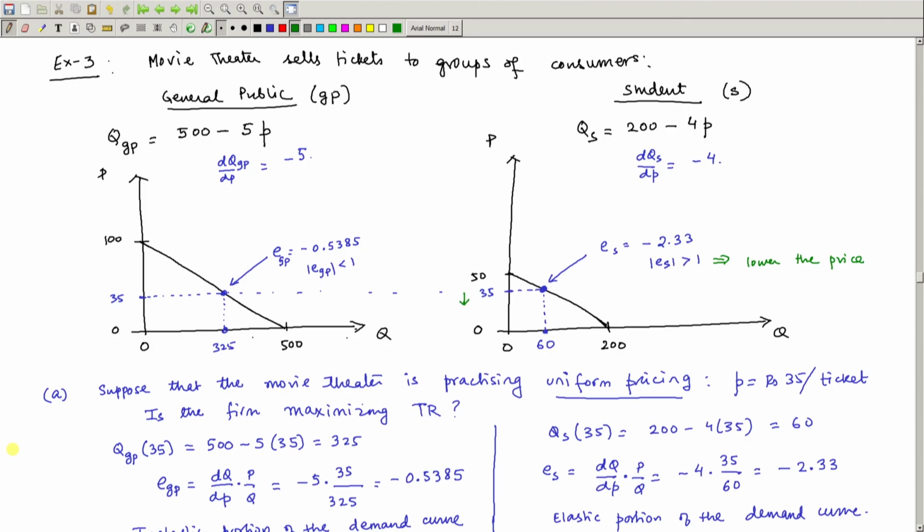Now, look at the general public group. Here the price elasticity of demand is a number less than 1. So, it is relatively inelastic, right. So, this group is not very sensitive to a change in price. So, if I increase the price, if you are on the inelastic portion of the demand curve, recall an increase in price will lead to an increase in total revenue. So, if I increase the price by some amount, the quantity demanded will fall.